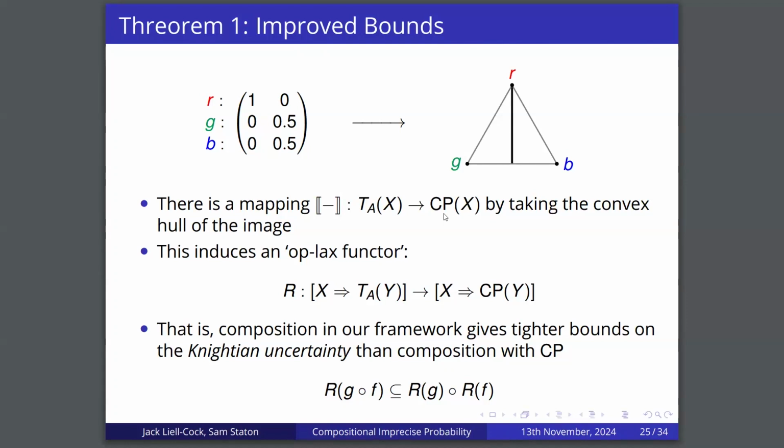So you can think of programs G and F as being in our language. If we compose them together in our language and then map them across, we have tighter bounds on the imprecision. So the convex sets are smaller, or at least as small as the convex sets we would get if we were to map each function individually and then compose them in the convex power set framework.